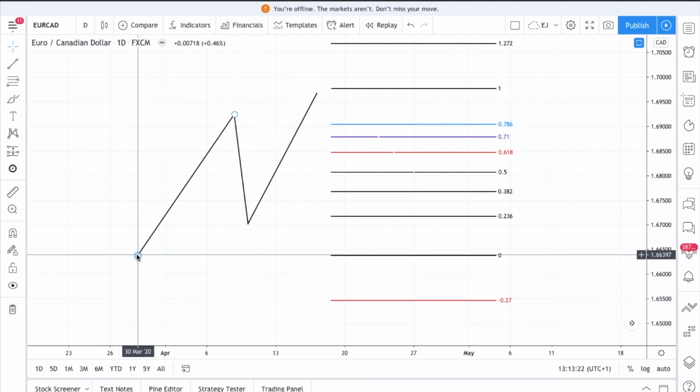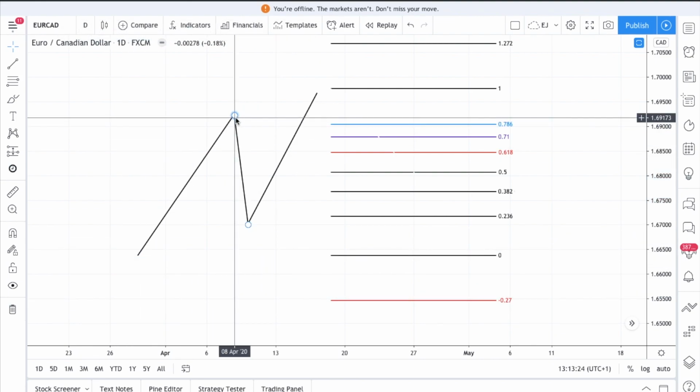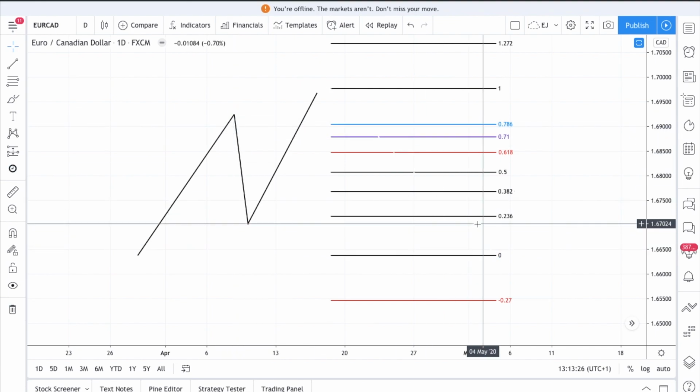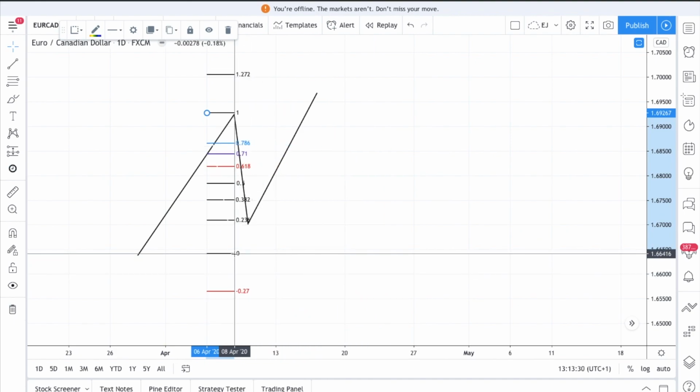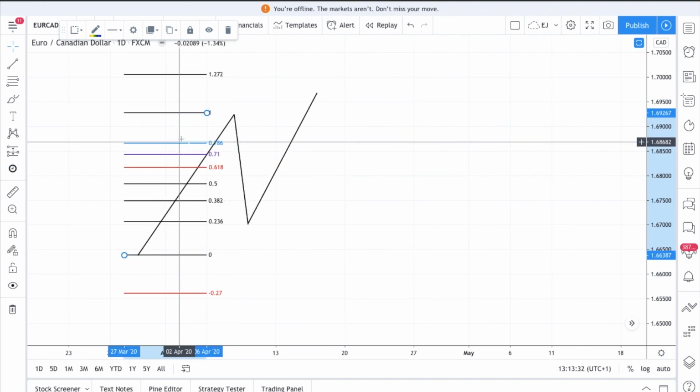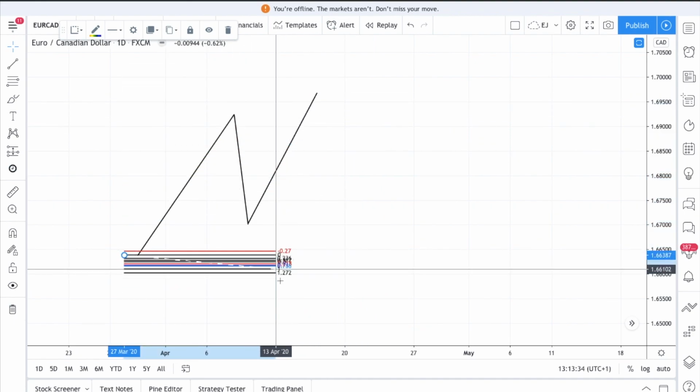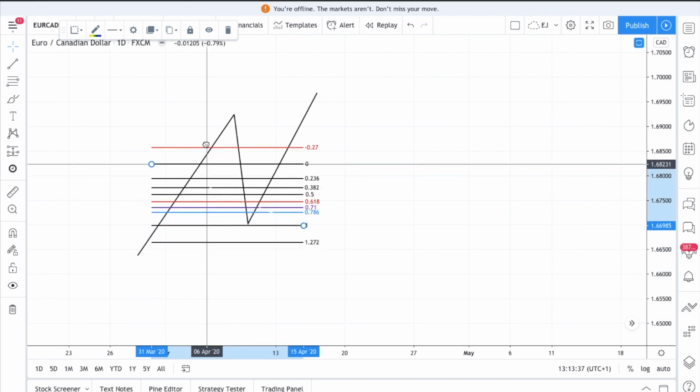So we have this big bullish move up. Now a lot of traders will place this Fibonacci retracement on like so. So yeah, that's one thing.